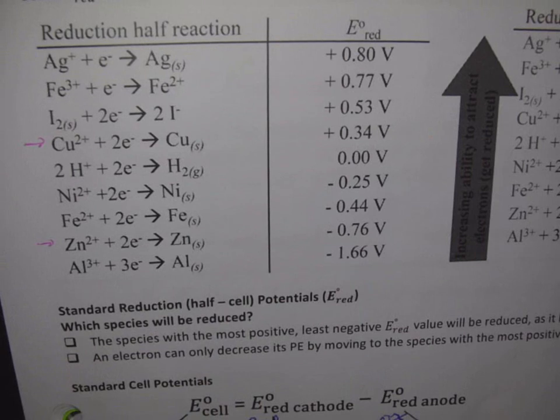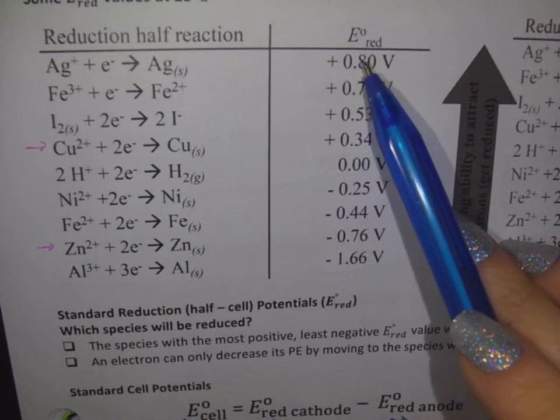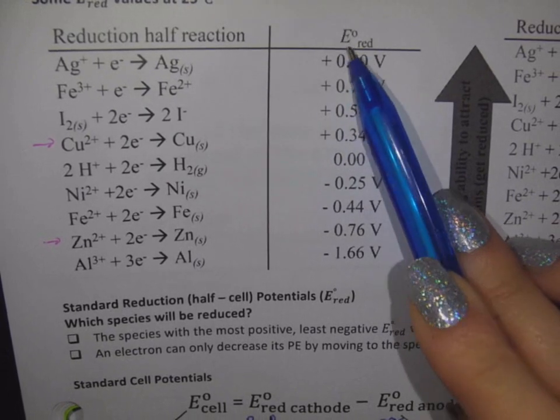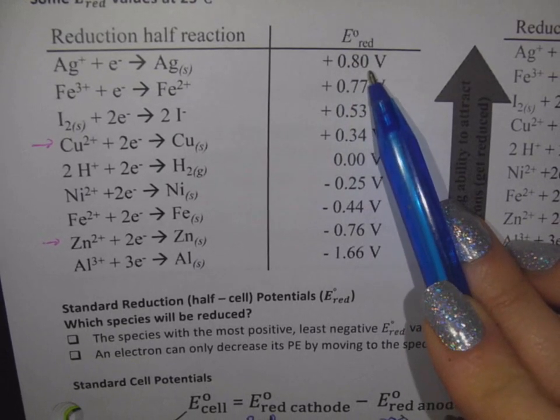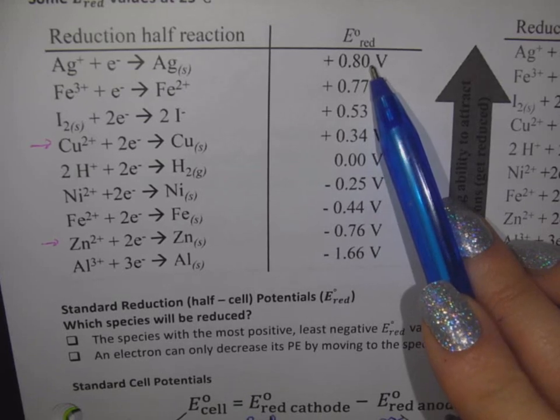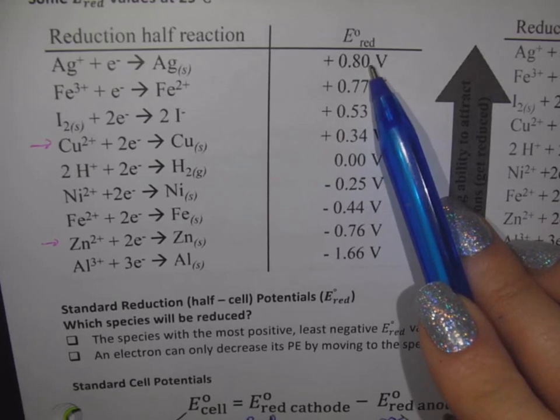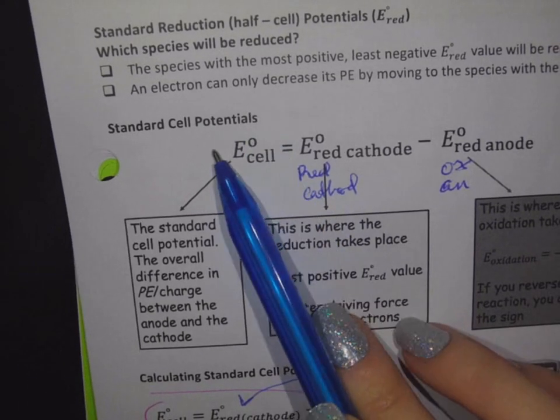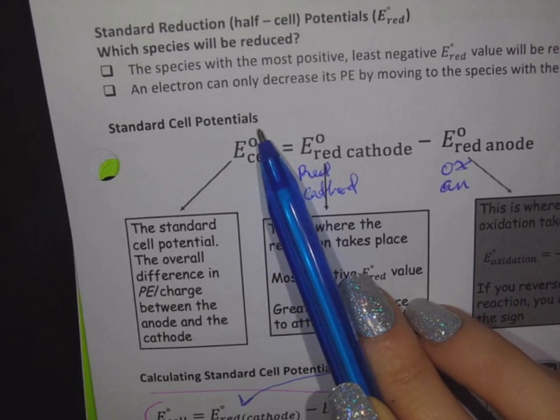So the bigger the E, the voltage, the greater capacity for reduction, okay? We want this cell to be the biggest number possible, okay?